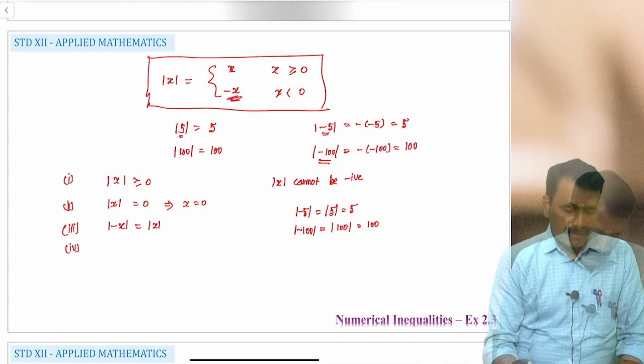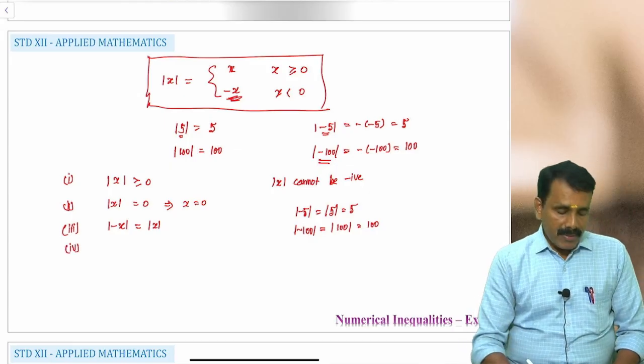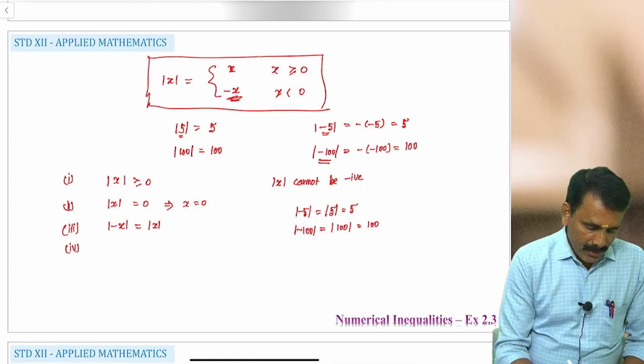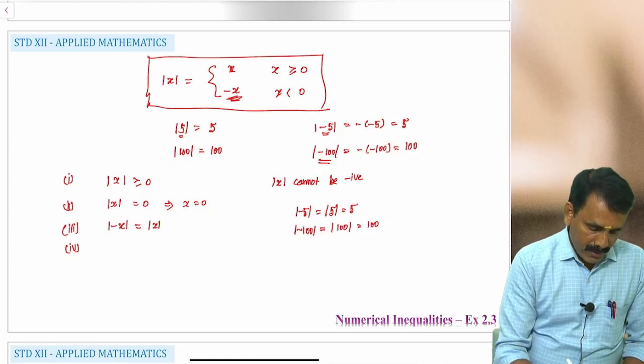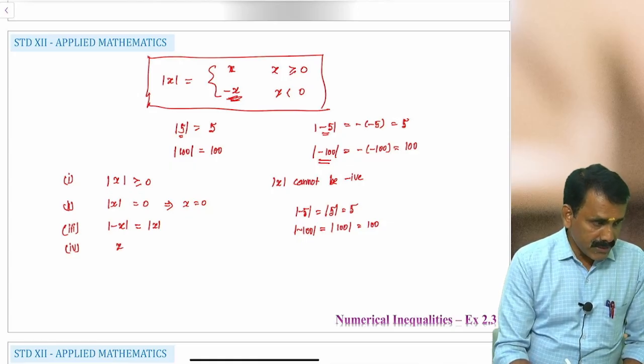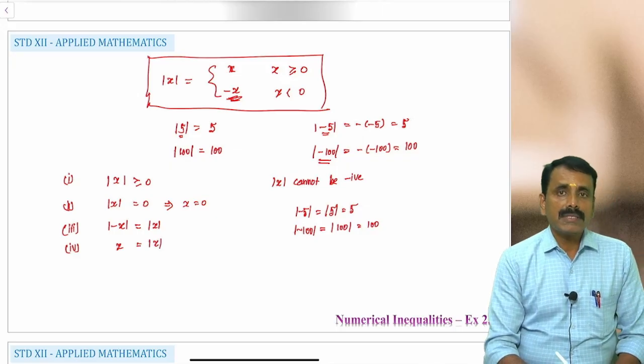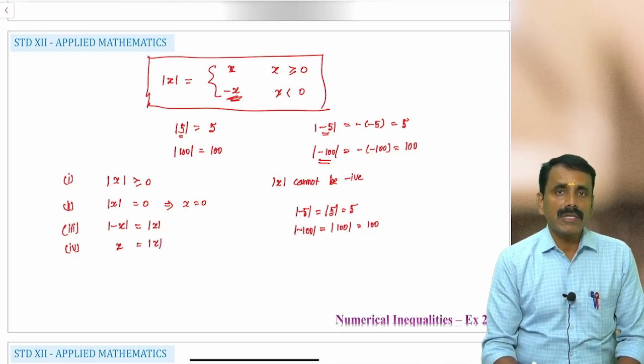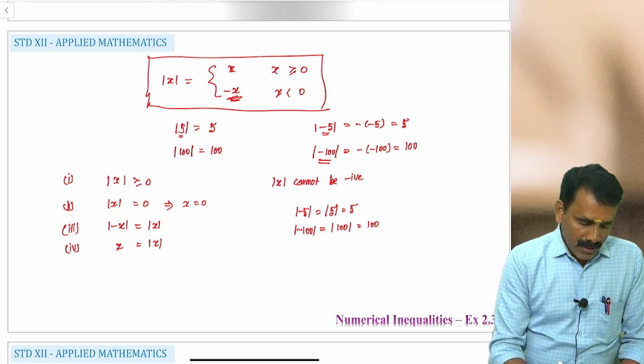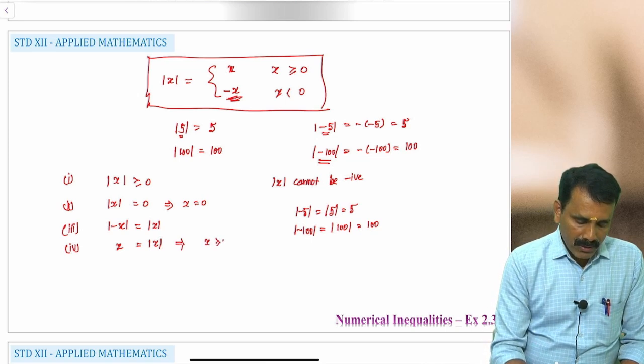Fourth fact, when the modulus and the number are the same, x is equal to mod x. When does this situation arise? This is possible only when x is greater than or equal to 0.